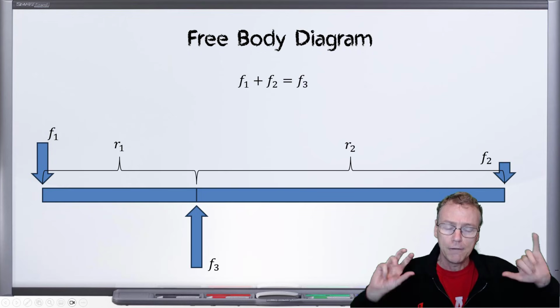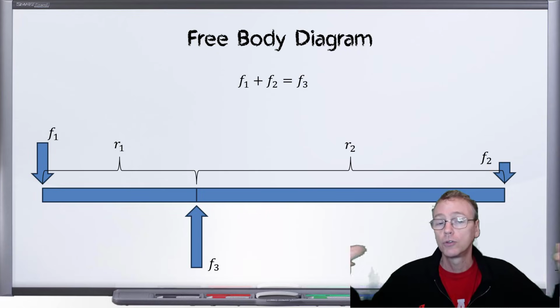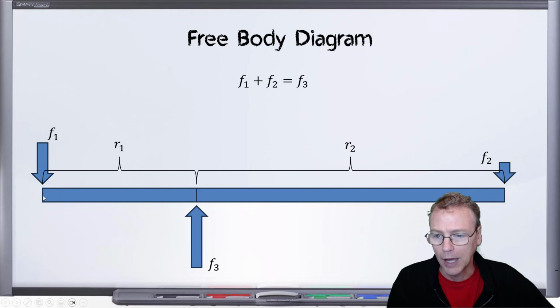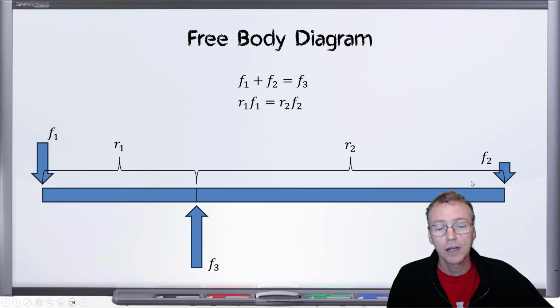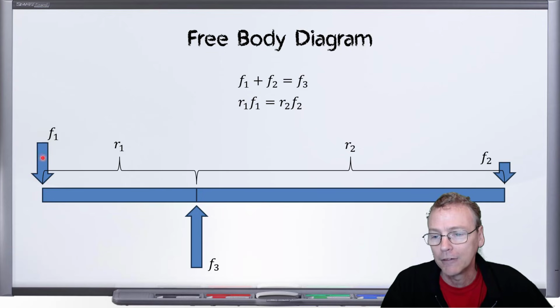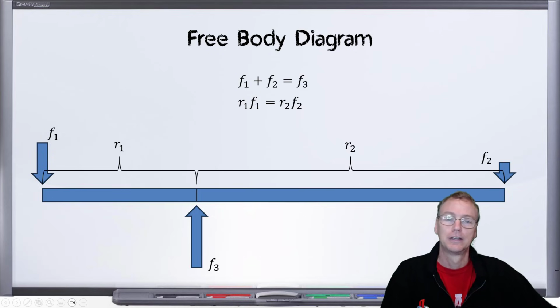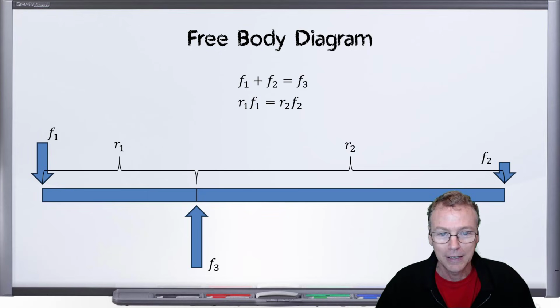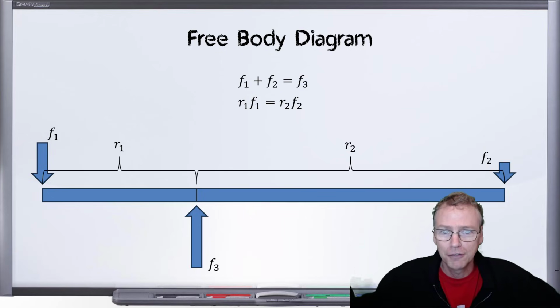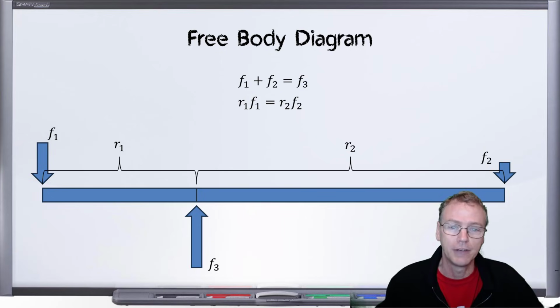So if the beam is not rotating, those torques must be equal. And the equation of torque is force times the moment arm. So that tells us that if there is no net torque on this beam, that F1 times R1 must equal F2 times R2. And that, from the free body diagram, is literally the derivation of our mechanical advantage.